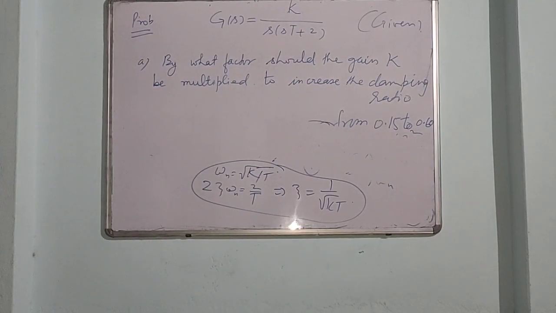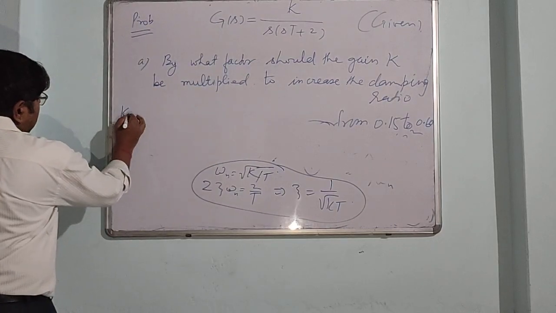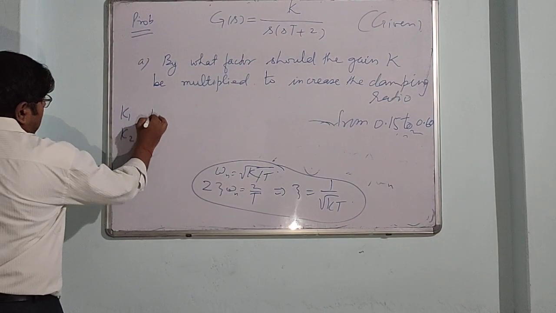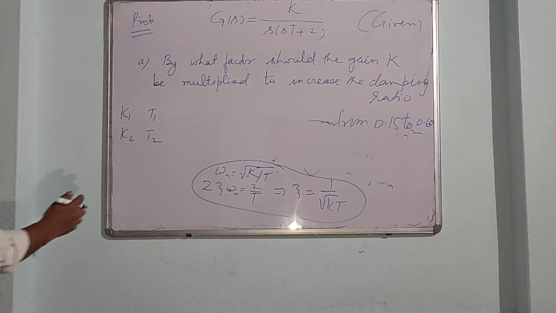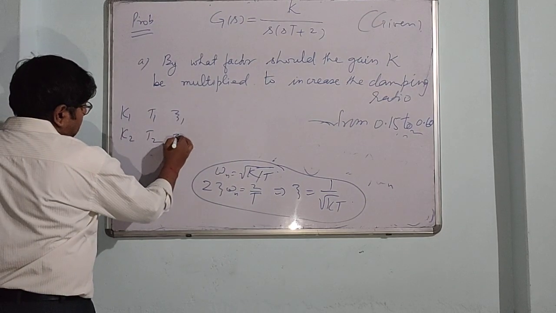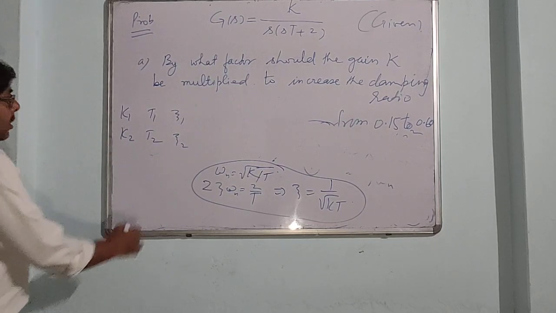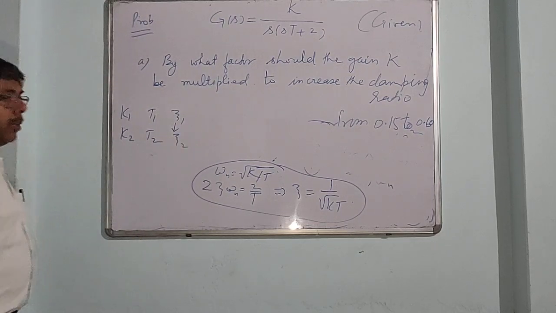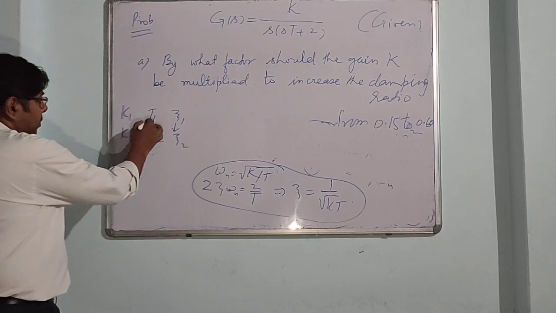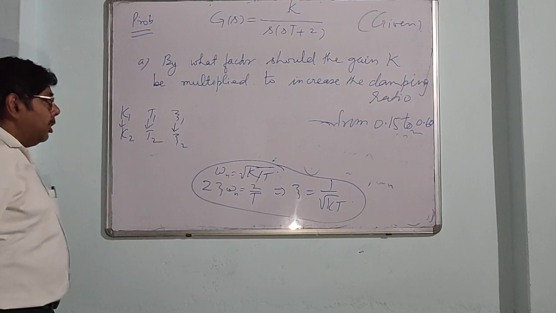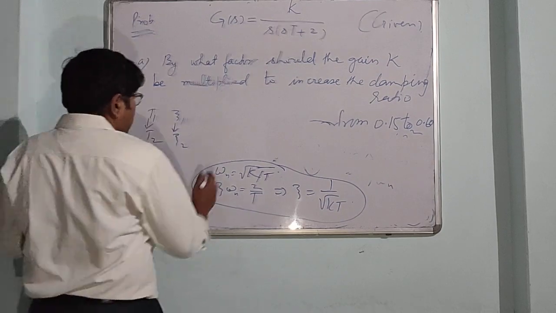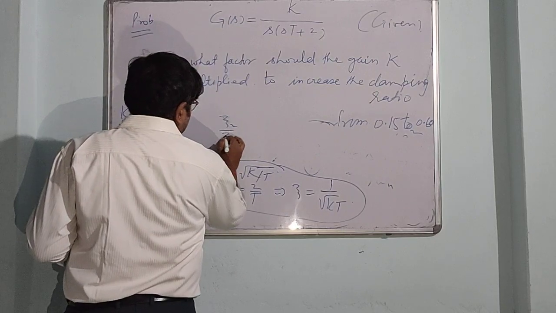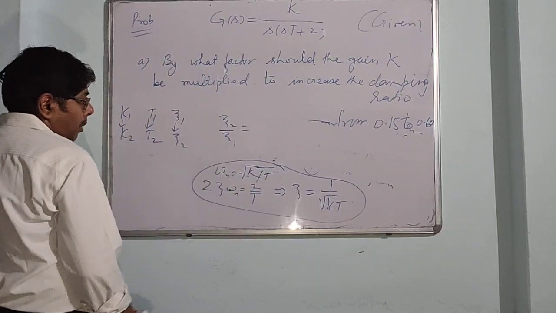Suppose we have two values K1, K2, T1, T2, for different values of zeta, and suppose zeta is changing from zeta 1 to zeta 2, then these two parameters are changed. Then we can write zeta 2 upon zeta 1 from here.